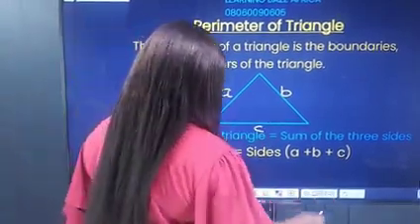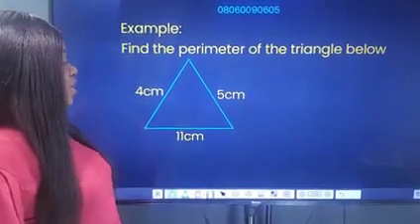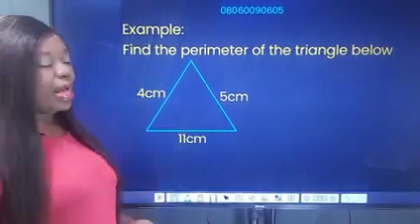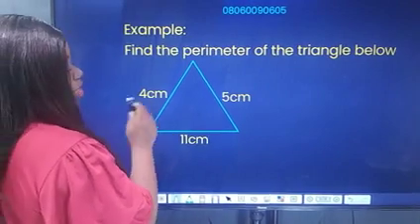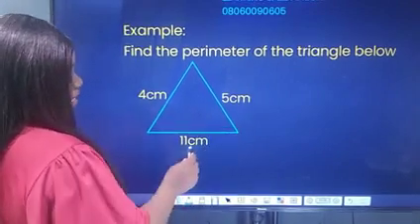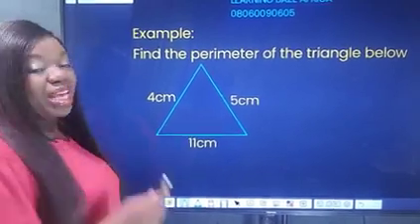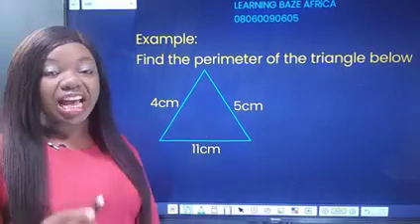Let's solve an example. Find the perimeter of the triangle below. Now this is a triangle. Don't forget that a triangle has 3 sides and 3 angles. Now you can see that from the measurements we have here, which is 4 centimeters, 5 centimeters, and 11 centimeters, it is telling us that this triangle is a scalene triangle because all the 3 sides are different.